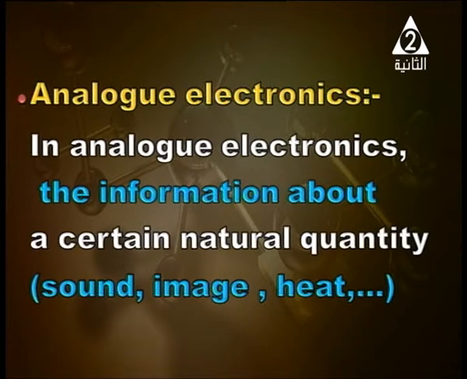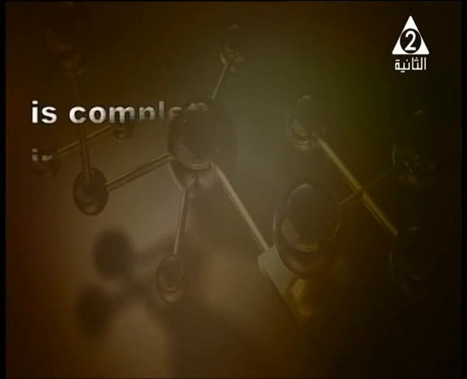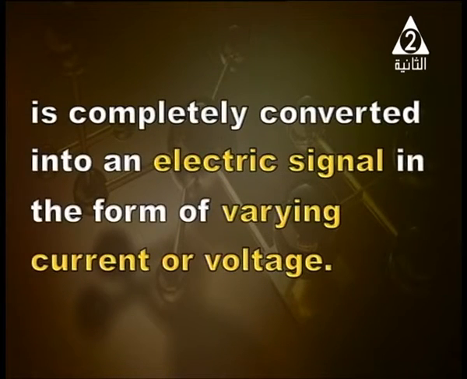So, in analog electronics, the information about a certain natural quantity is completely converted into an electric signal in the form of a varying current or voltage. Okay, this was about analog electronics.